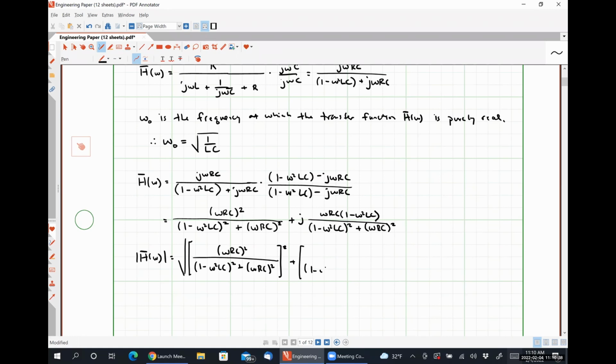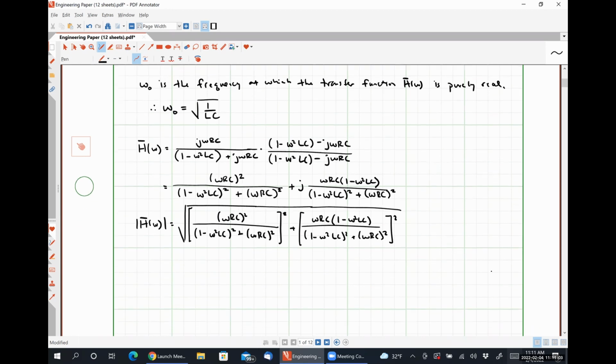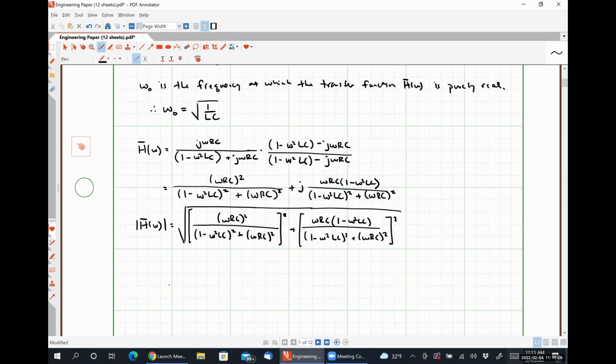So again, here's my denominator. And here's my numerator. Square this guy, and all of this is underneath the square root sign.